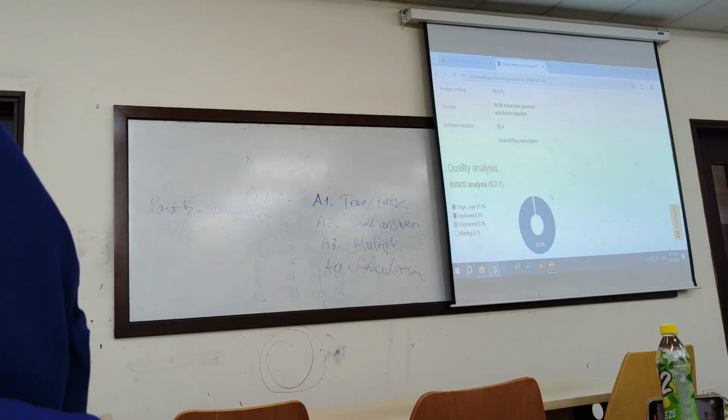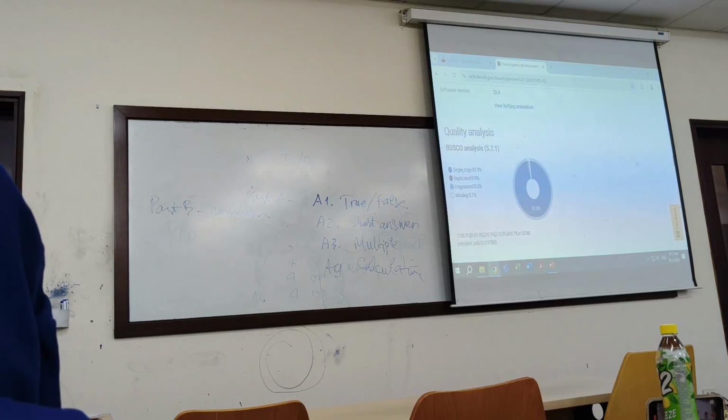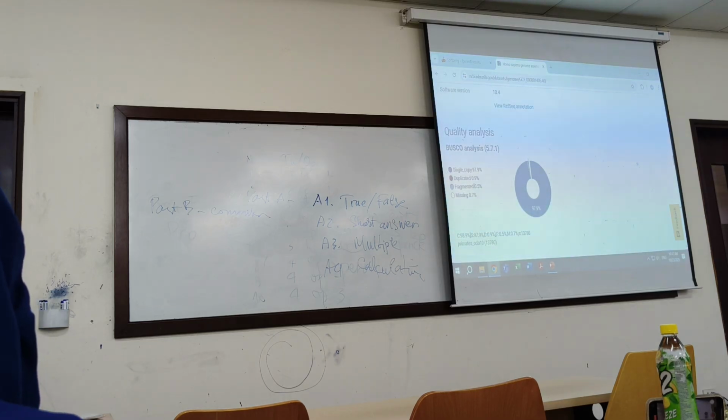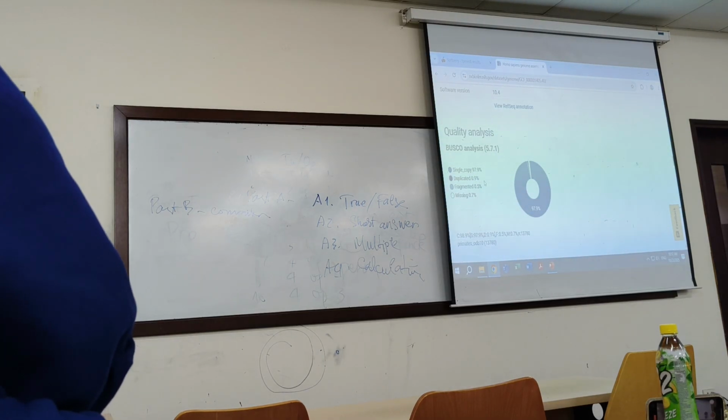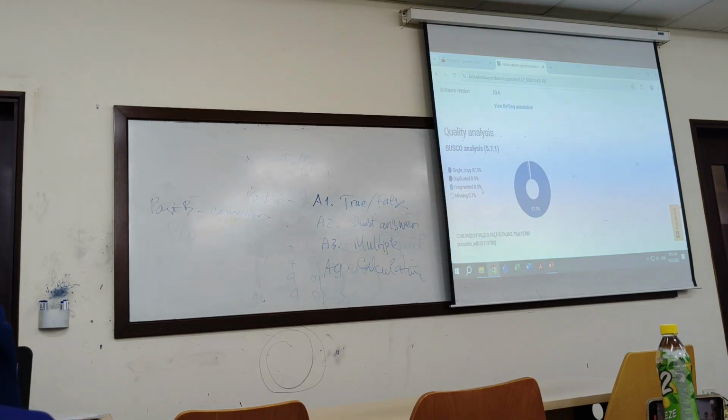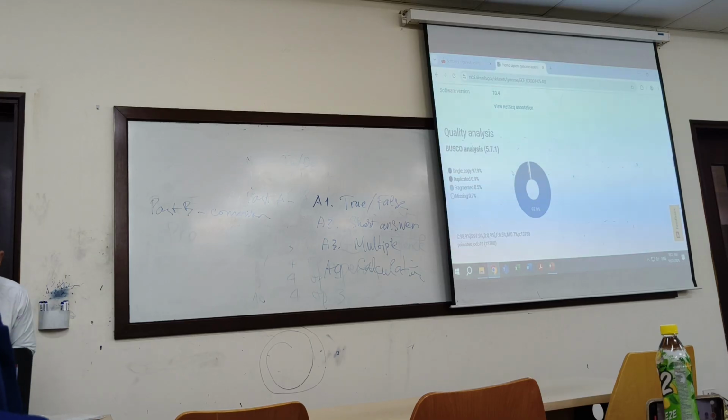Continue. Ask you BUSCO score, and the BUSCO score report the single copy 97.9%, duplicated 0.9%, fragmented 0.5%, missing. Ask you completeness.